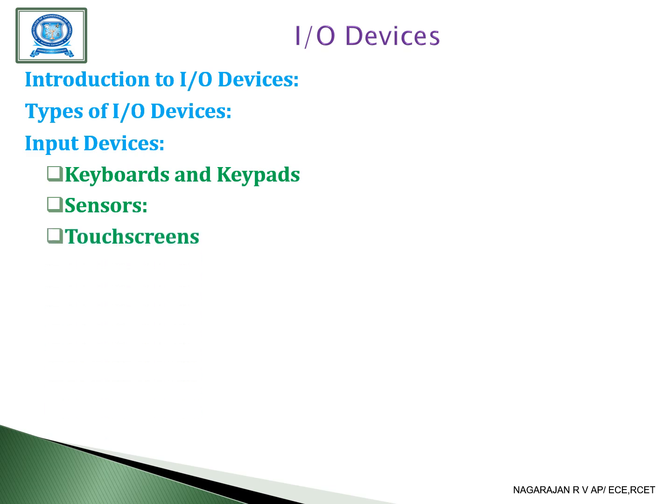And next one is the touch screen. It provides an intuitive interface for user interaction, combining display and input functions in devices like smartphones, tablets and kiosks. And now let us see the output devices. Output devices include displays: LED, LCD, OLED.